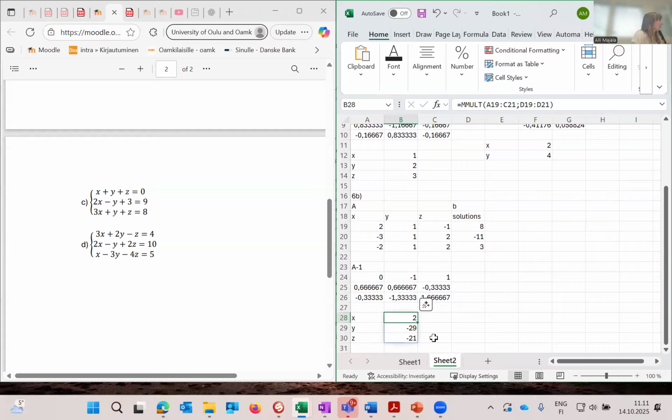Whole number. Yeah, it must be something different, maybe. But of course, you can get any answers when you are calculating them in your applications. Most probably they don't look this nice. Yes.